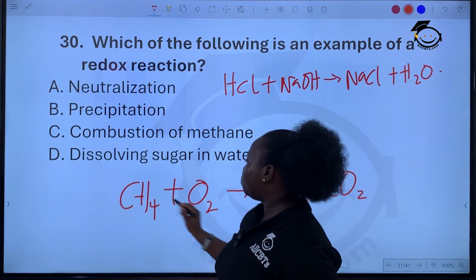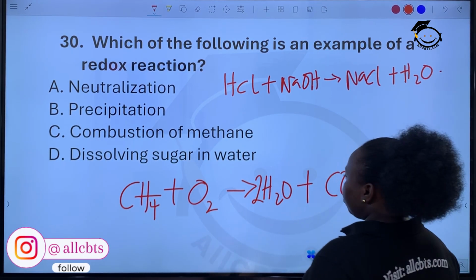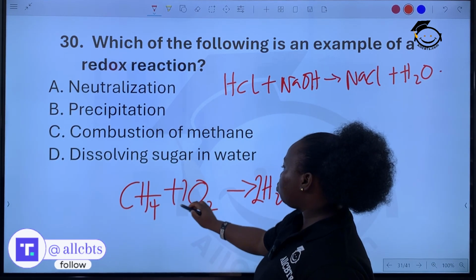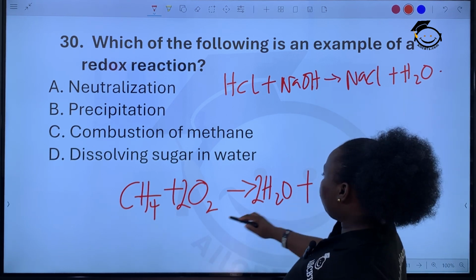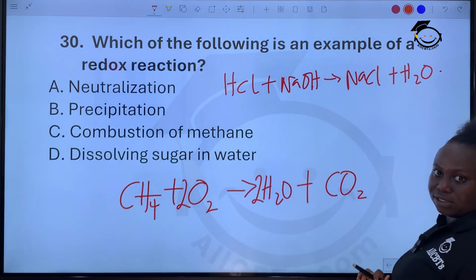Now let's see if our equation is balanced. H here is 4, H here is 2. So if you put it here, our equation will be 2 plus 2. Put 2 here also. So it's balanced like this.